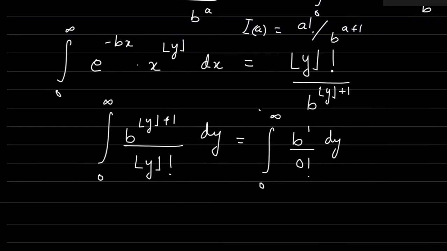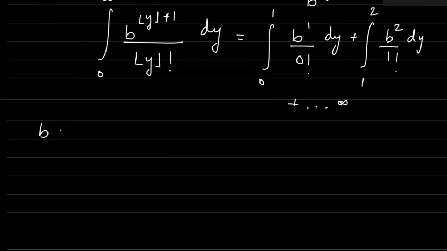Then from 1 to 2, b to the power 2 by 1 factorial dy. Okay, and this will go on till infinity.